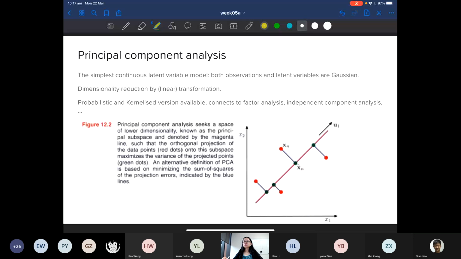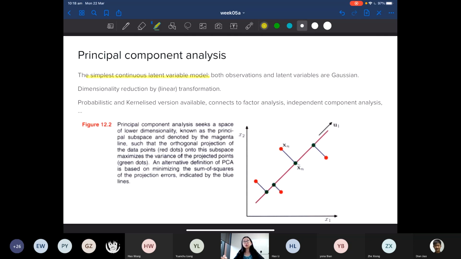So let's first try and define what principal component analysis is, or what the overall goals are, without going into the math. Principal component analysis is the simplest continuous latent variable model, right? It assumes that the data lives in a higher dimensional space, in this case 2D in the picture.